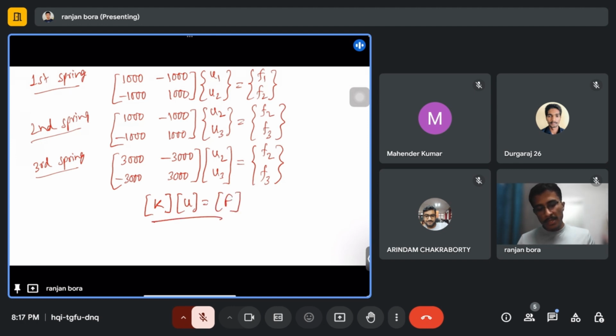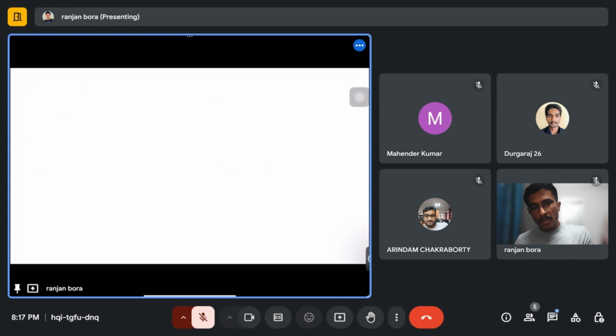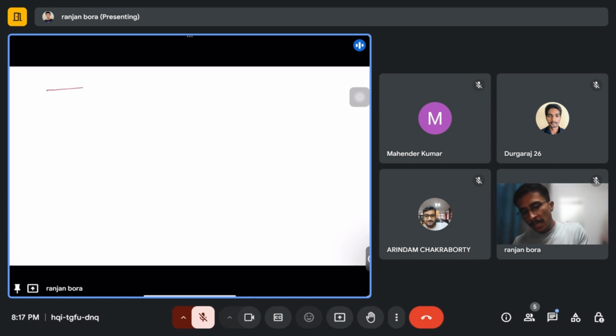So how we can find out these equations? We need to assemble these three equations. And how we'll assemble? You can make one table here, like this is element and node connectivity.